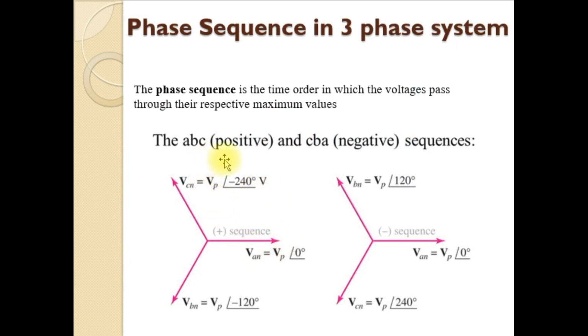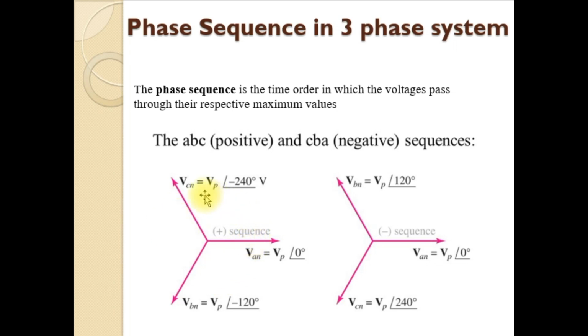So, if the ABC sequence is followed, in that case, you can represent the phasor diagram like this. That means if you are taking VAN as reference, this will be the reference direction. So, after the A phase, B phase will be coming. Actually, these phasors are rotating in the anti-clockwise direction from the convention of the phasor diagram.